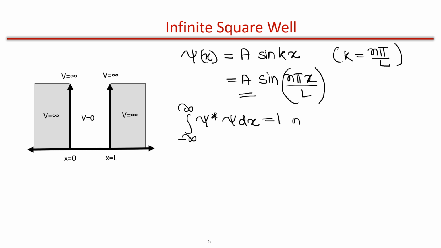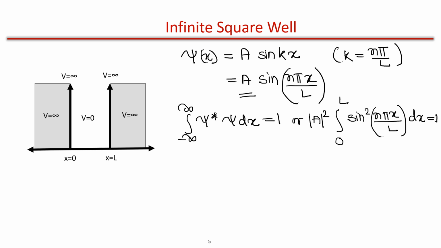From this we can write a square integral from 0 to L of sin square n pi x by L dx is equal to 1.